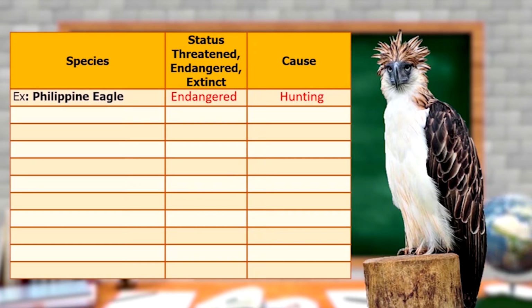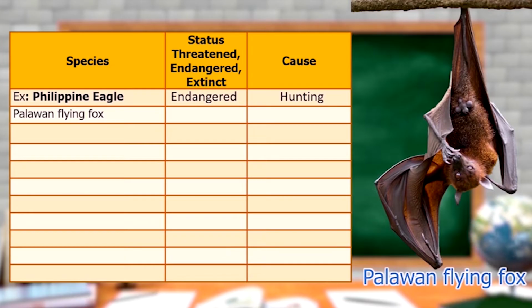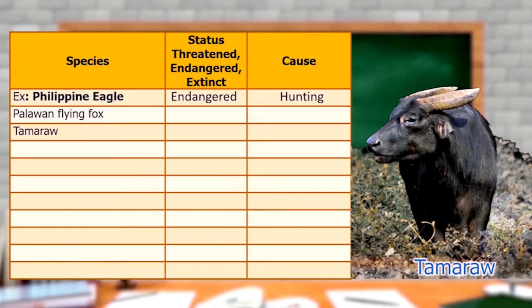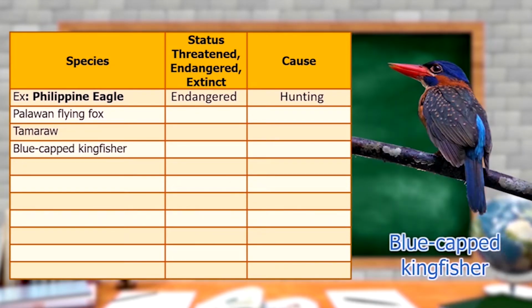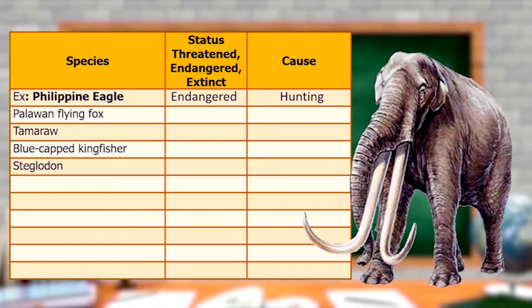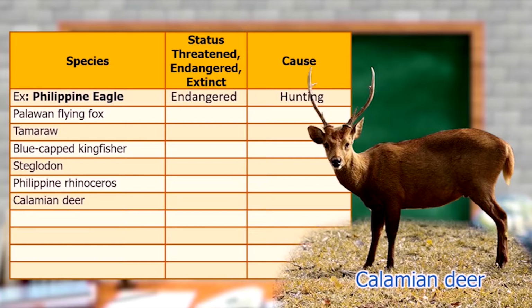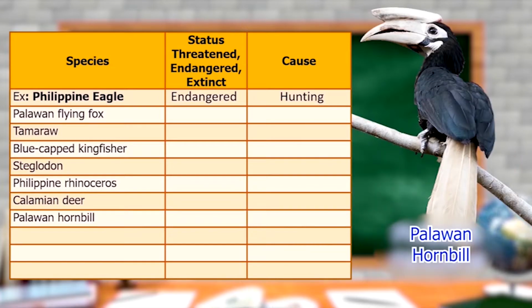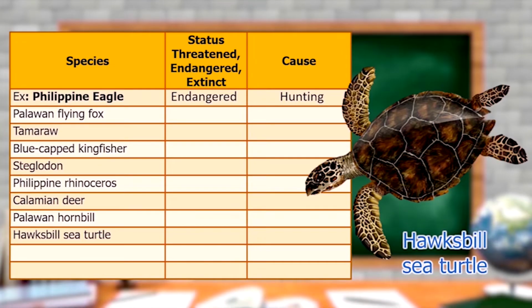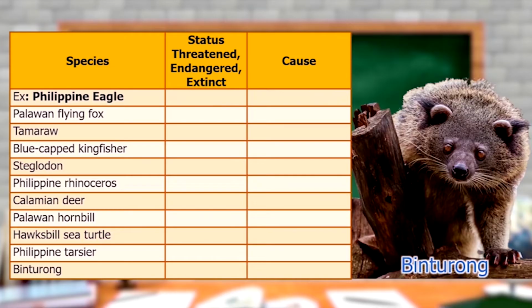Here are the animals that you need to know. Palawan flying fox, tamaraw, blue-caped kingfisher, stegodon, Philippine rhinoceros, Calamian deer, Palawan hornbill, hawksbill sea turtle, Philippine tarsier, binturong.